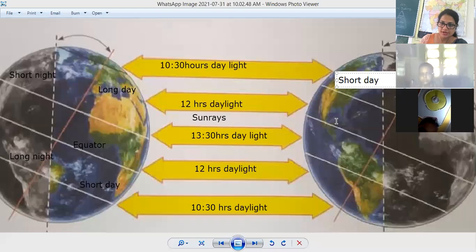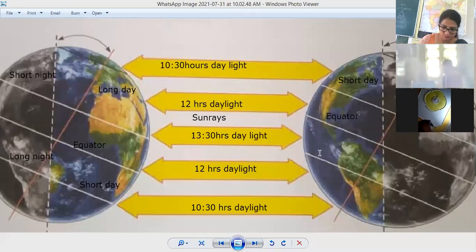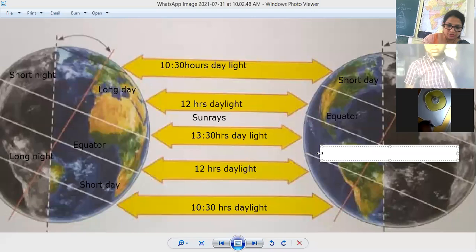Okay, now write down here again equator. Then write down here long day.